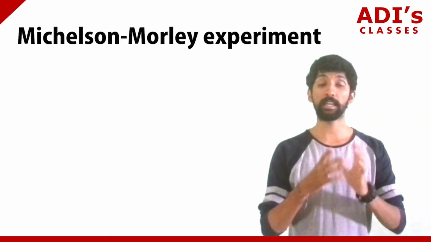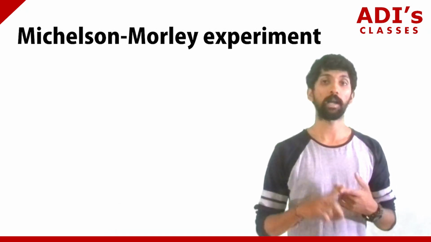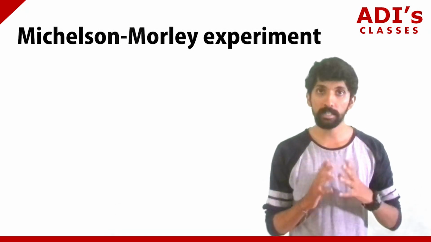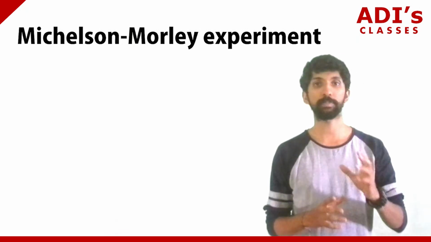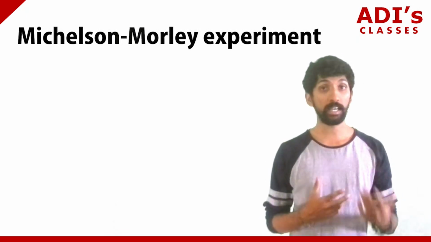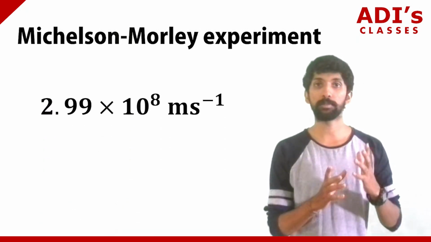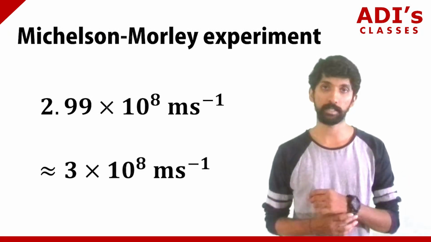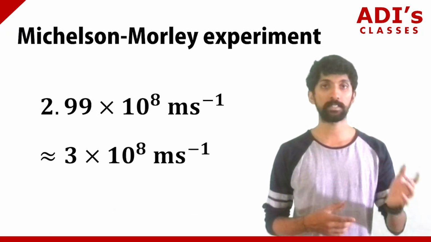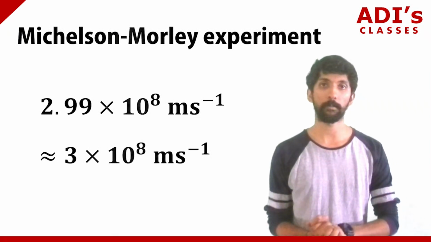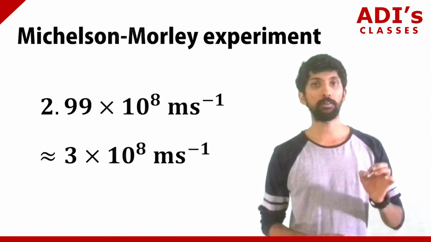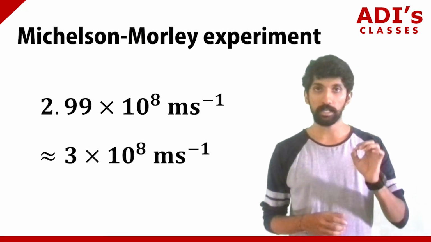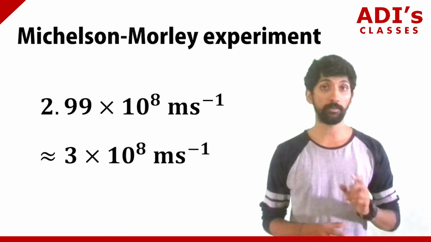Two scientists in 1887, Michelson and Morley, designed an instrument to measure the speed of light, and by their calculation it came to 2.99 into 10 to the power of 8 meter per second, which we rounded off as 3 into 10 to the power of 8 meter per second. So the value of 1 by square root of mu naught into epsilon naught was 3 into 10 to the power of 8.